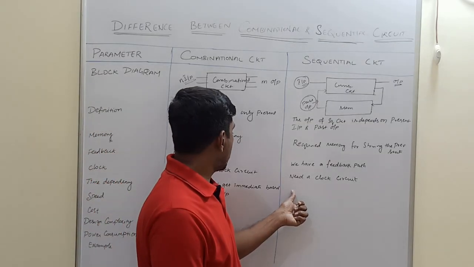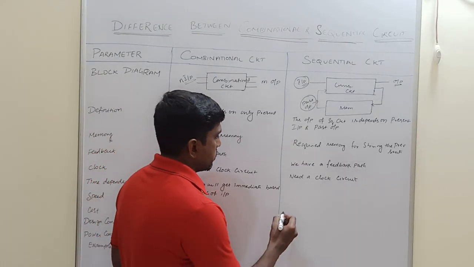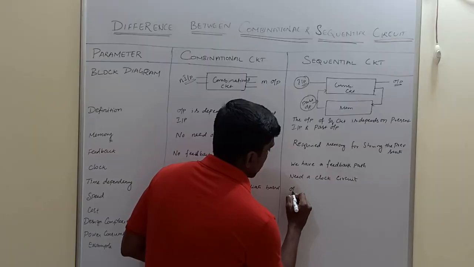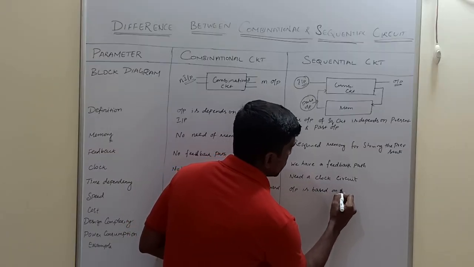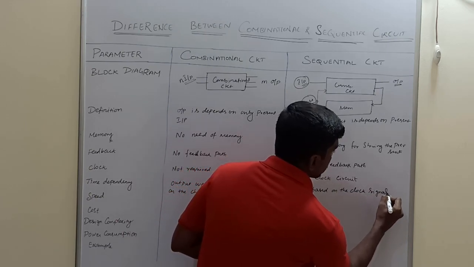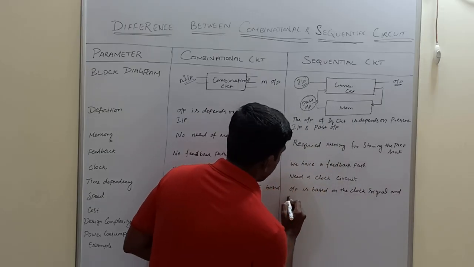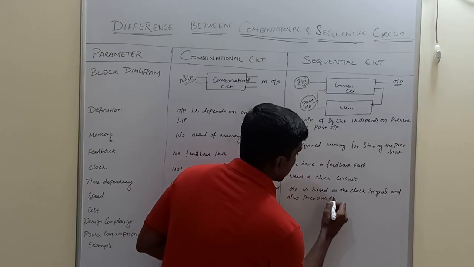In the sequential circuit, the output is based on the clock signal and also the previous output.